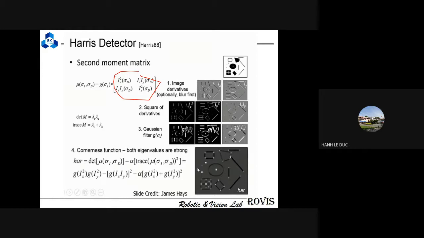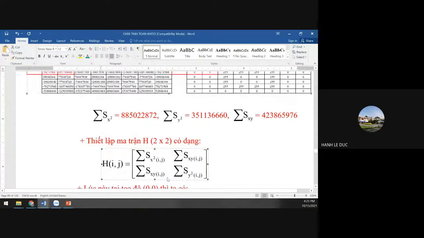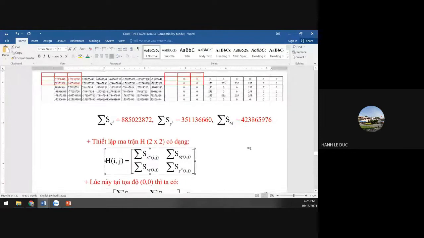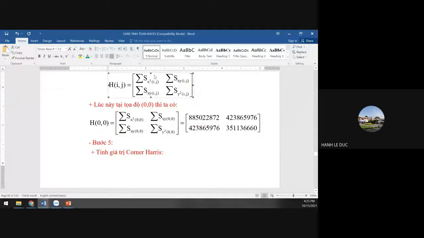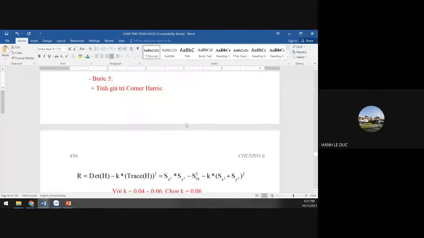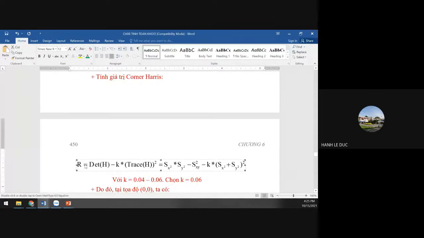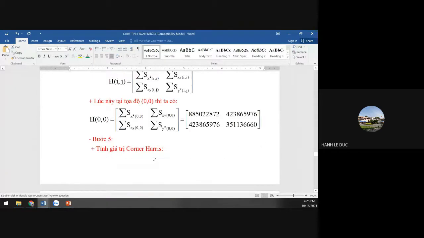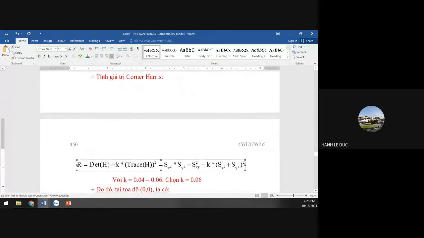And then what do we do next? We do the Harris calculation. After we have this matrix, we calculate the eigenvalues of this matrix, or we calculate the R. The R here is equal to the determinant of this matrix minus k multiplied by the trace squared.